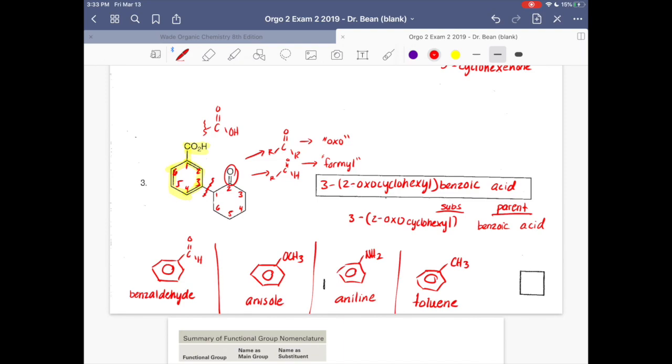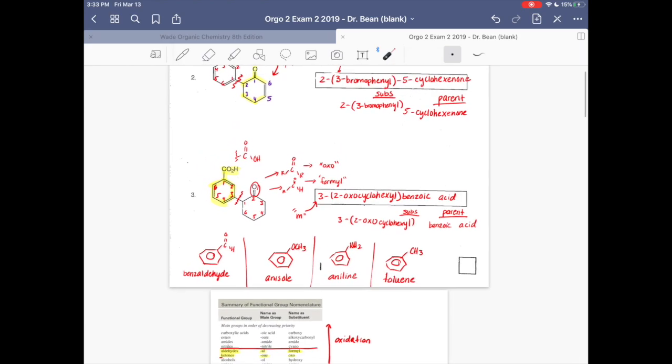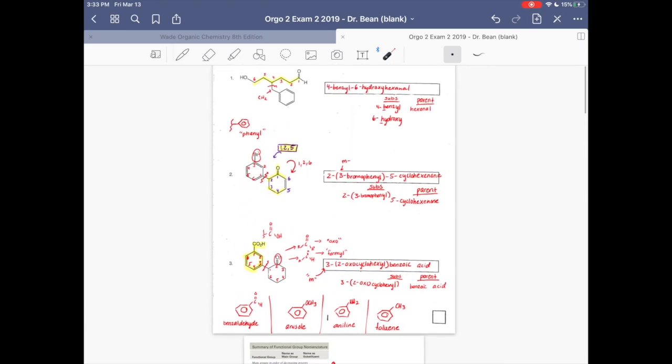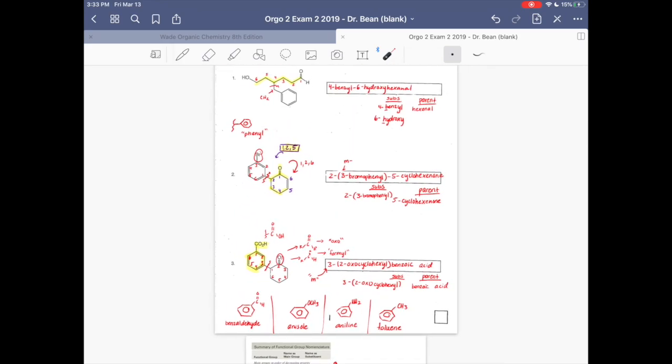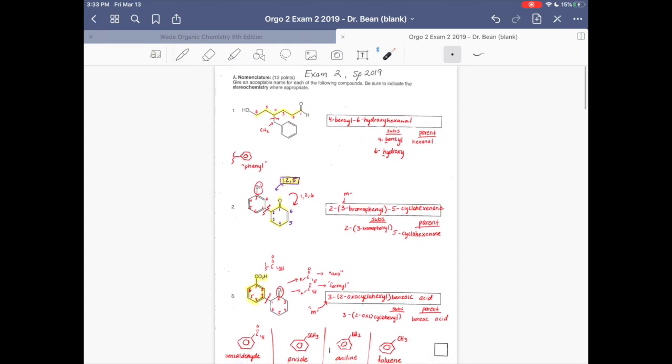So if you also wanted to put the letter M here, indicating meta, indicating that in between this group and this group, that's meta to the carboxylic acid, you could totally do that, in replacement of the 3. Okay? So that is nomenclature. Let me zoom out.